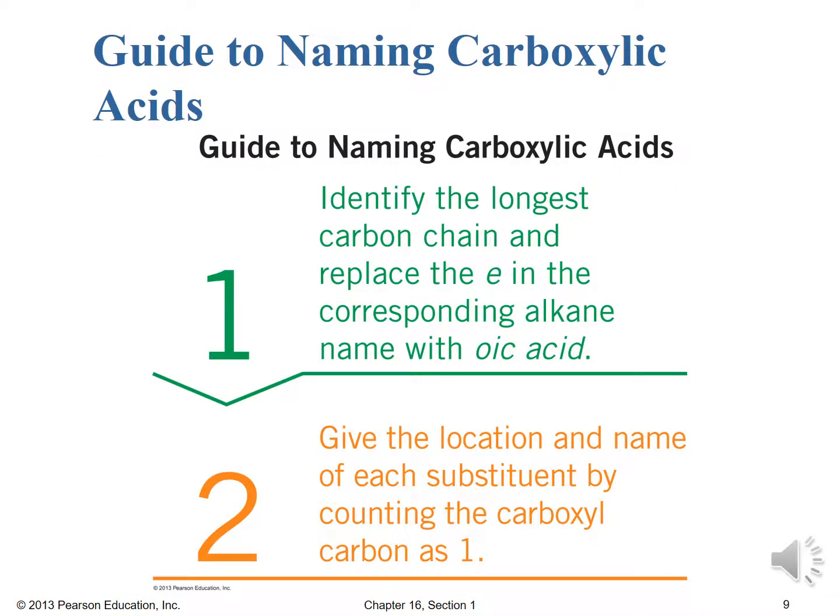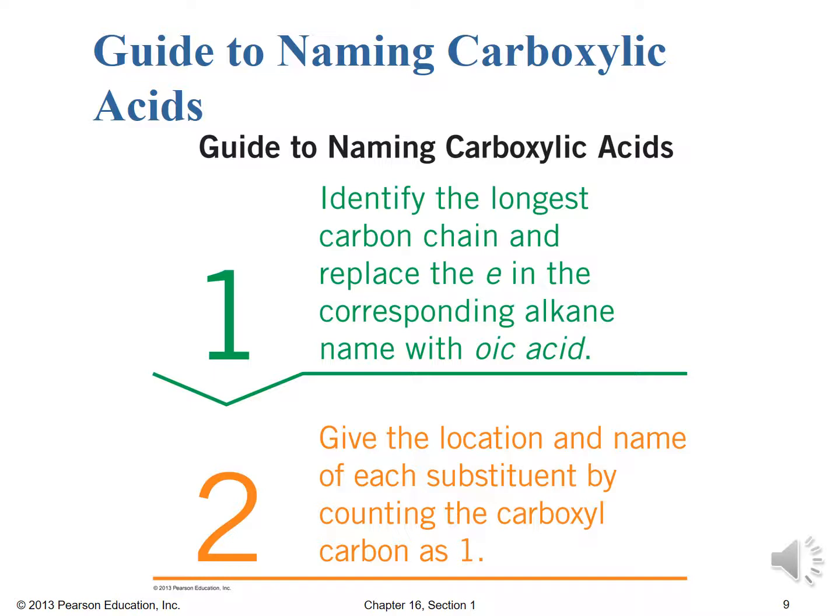Let's focus now on our guide to naming carboxylic acids. Of course, this is the IUPAC guide. We would first identify the longest carbon chain, replace that E ending from the corresponding alkane with the oic acid ending. Okay, notice it's 2 words for carboxylic acids. Second, we'd give the location and name of each substituent by counting the carboxyl carbon as carbon number 1.